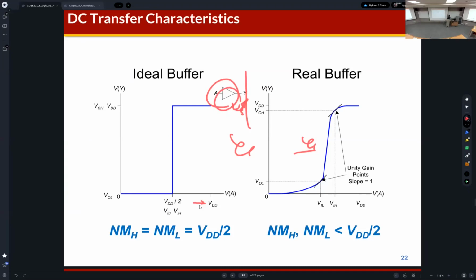And from VIH, the output signal increases slowly and then saturates.